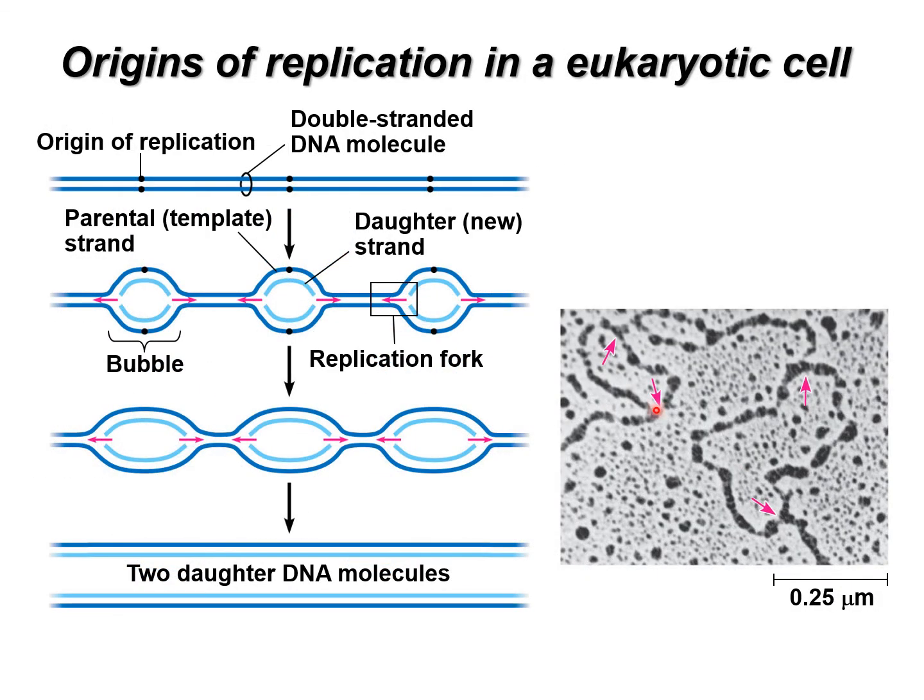This is in eukaryotes as well, but it happens in multiple places. So here's our original chromosome here with multiple places. So we see multiple replication bubbles in the same DNA molecule, and they merge together to form two semi-conservative daughter DNA molecules.